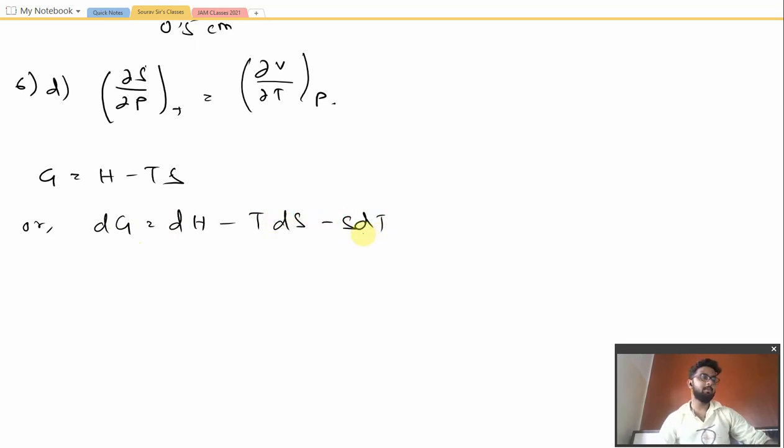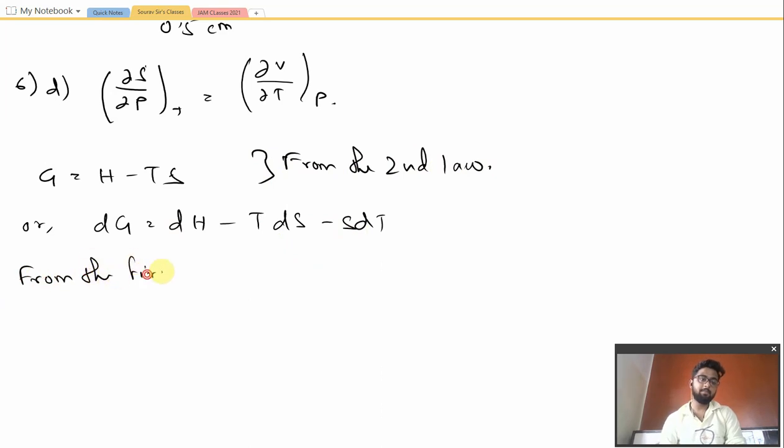Now for an isothermal change, firstly we have to calculate the value of dH. This was from the second law of thermodynamics.